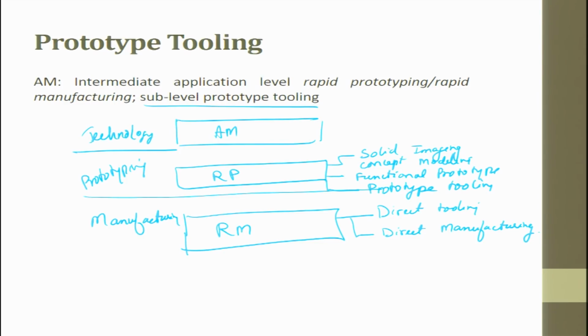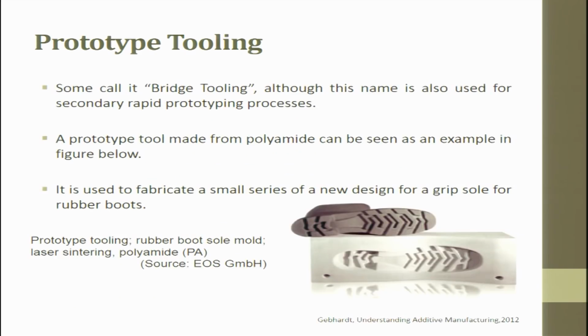So, what we are trying to say is, I am trying to impress upon you that all this additive manufacturing, rapid prototyping, rapid manufacturing, what are all parts of it, and at each level what comes, this is what we are trying to see in this lecture. So, prototype tooling is a sub-level which comes in rapid prototyping. Prototype tooling is also called bridge tooling, although this name is also used for a secondary rapid prototyping process.